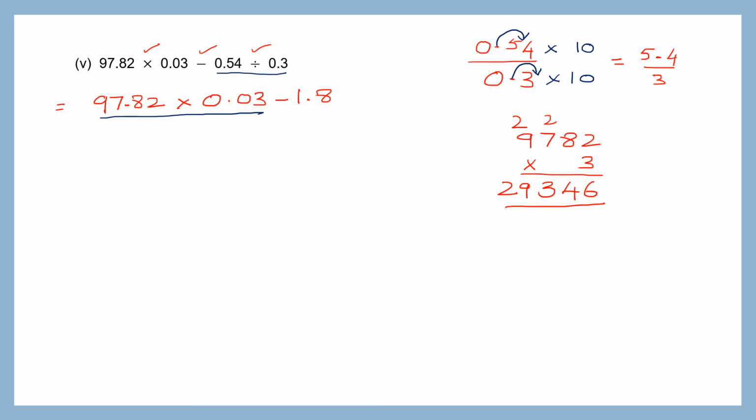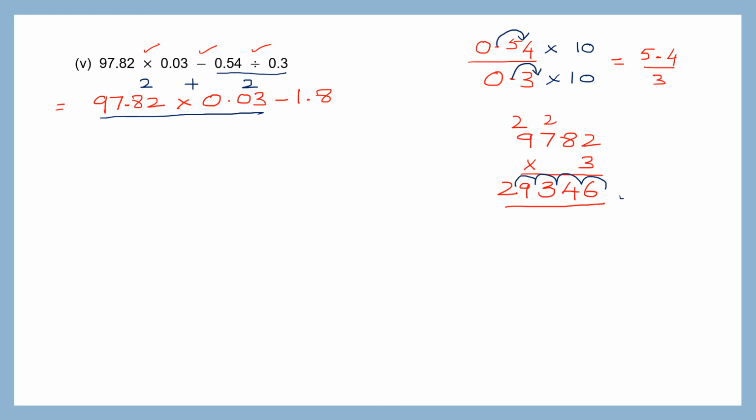Now let me go back to the question here and see how many decimal places there are. There are 2 decimal places here and 2 decimal places here. So together there are 4 decimal places. That means in my answer also there should be 4 decimal places. So my point moves 1, 2, 3, 4. So the point comes here.